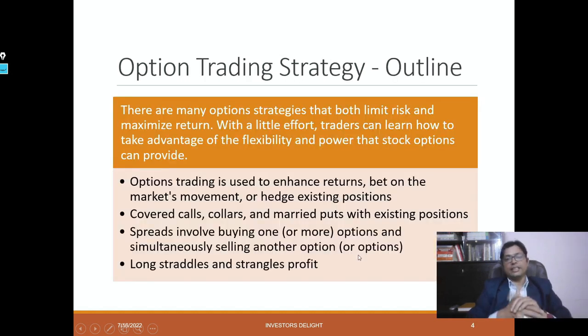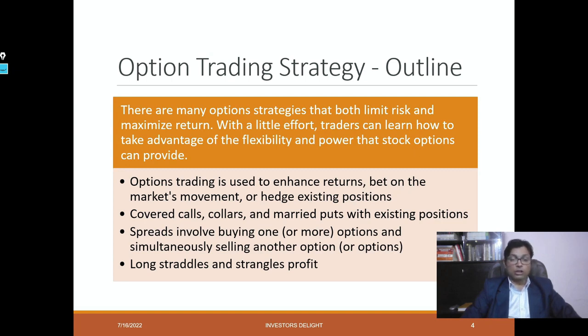So option trading strategy, as we outline here, we can say there are many option strategies that both limit risk and maximize return. With little effort, traders can learn how to take advantage of flexibility and power that stock options can provide. Options trading is used to enhance return, bet on the market's movement, or hedge existing positions.